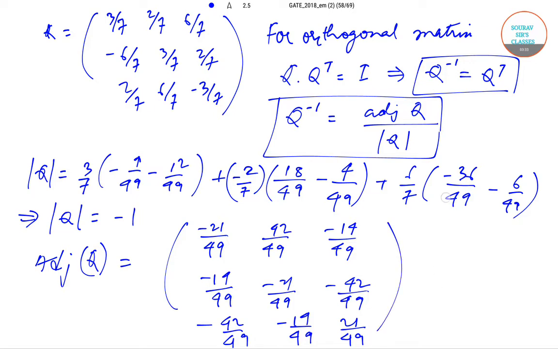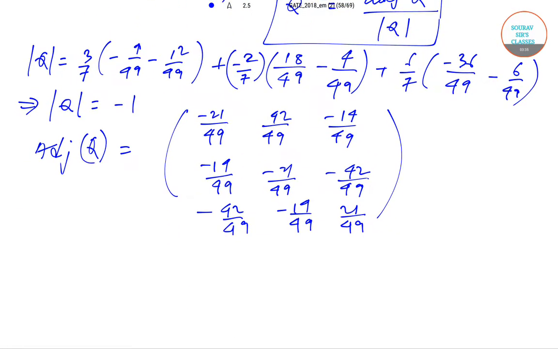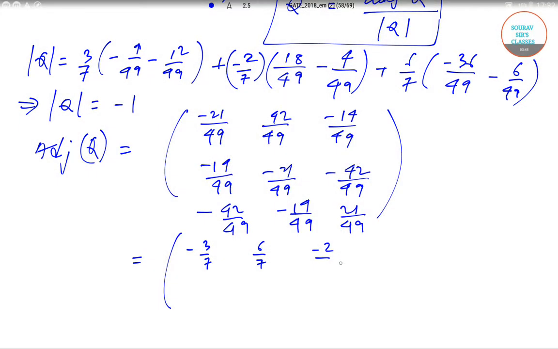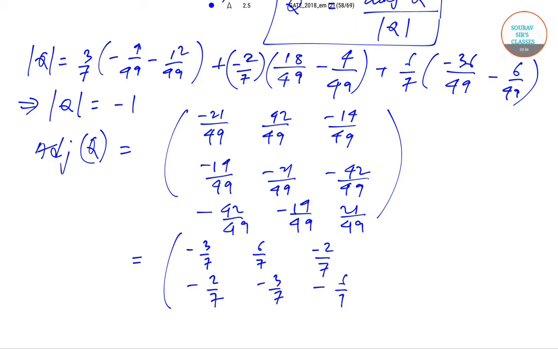If we try to simplify this matrix, this will come down to minus 3 by 7, 6 by 7, minus 2 by 7, minus 2 by 7, minus 3 by 7, minus 6 by 7, minus 6 by 7, minus 2 by 7 and 3 by 7.